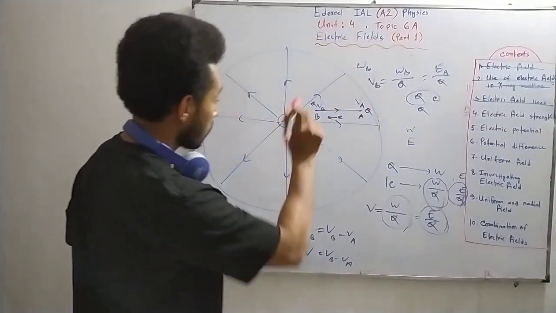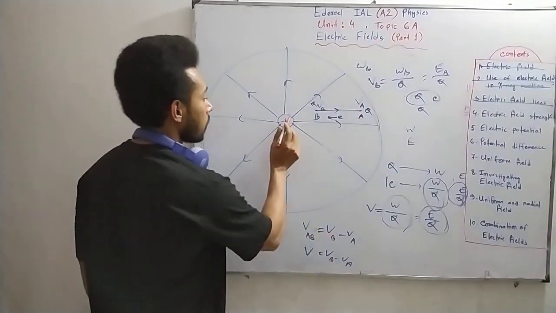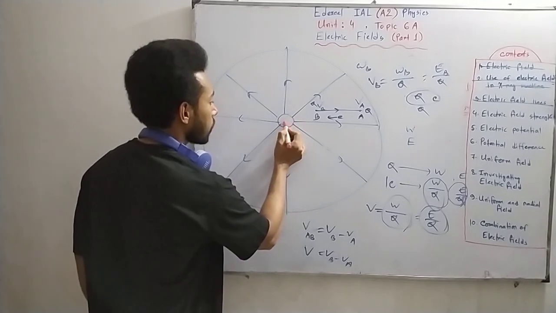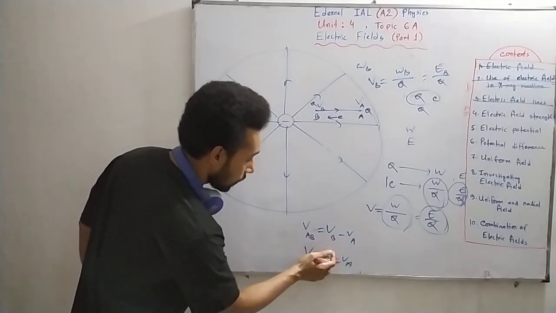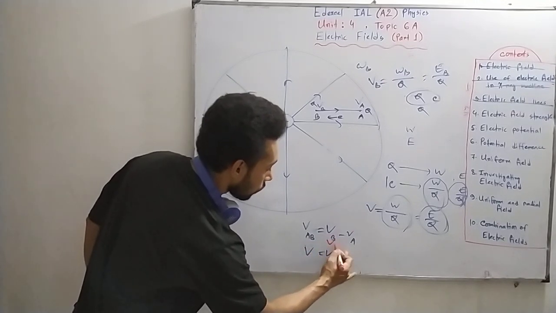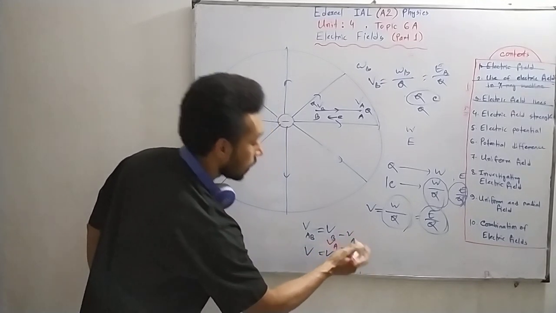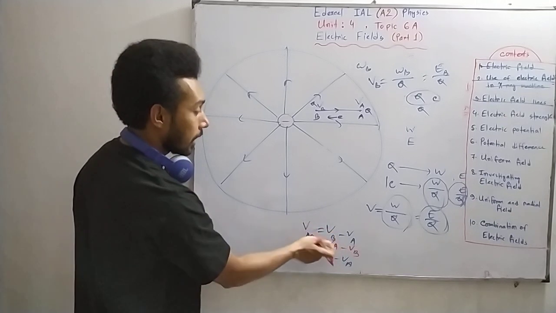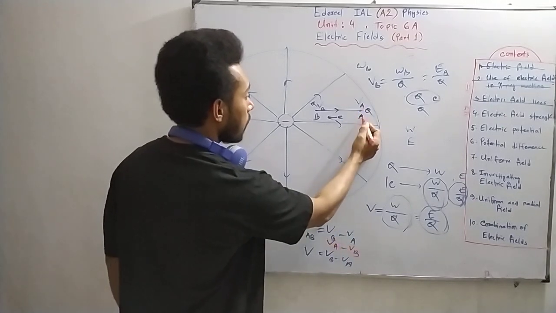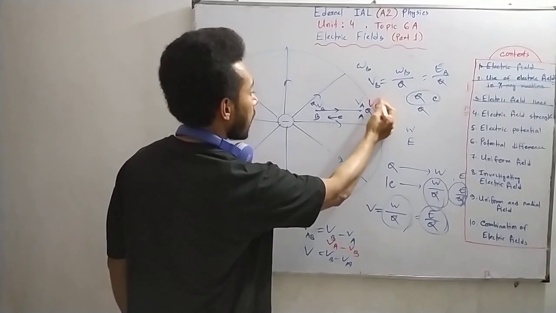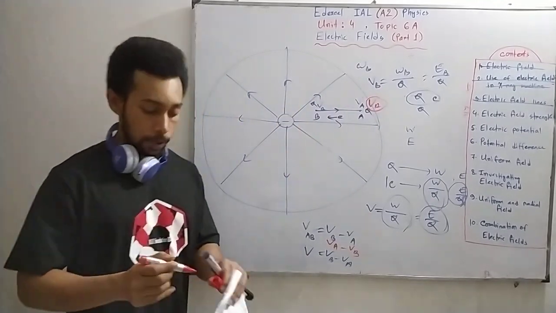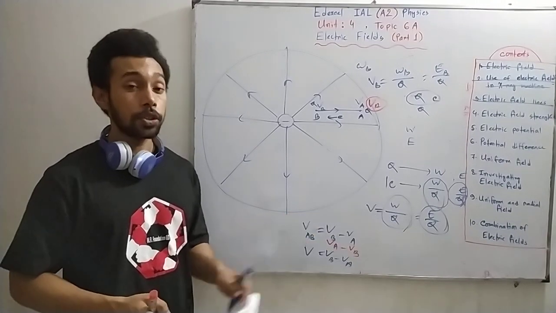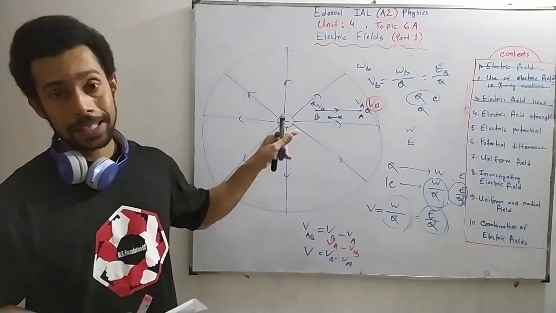Again, if the particle has a negative charge, then the potential difference V or VAB will be VA minus VB, because in that case VA will be at higher potential and VB will be at lower potential, and the direction changes depending on the sign of the charge.